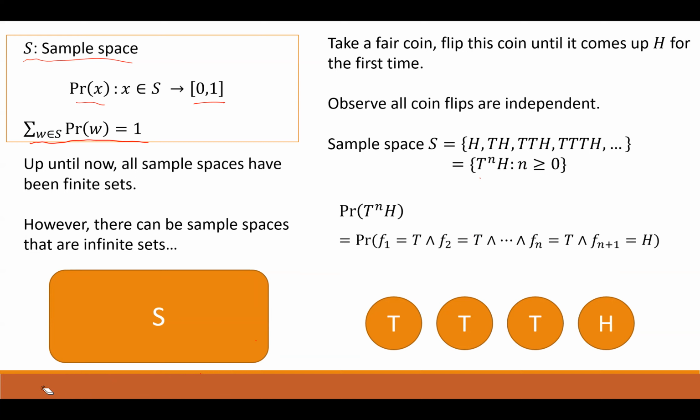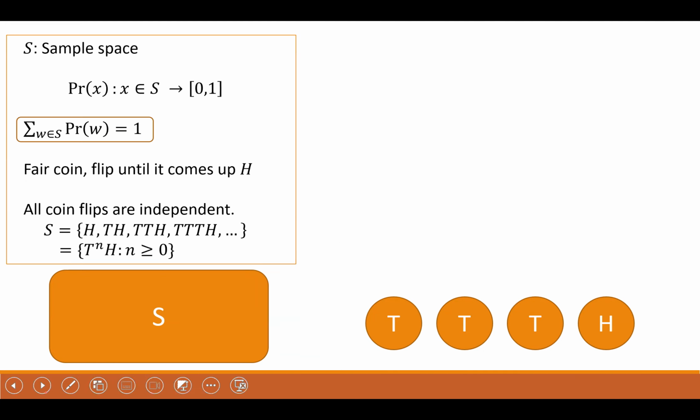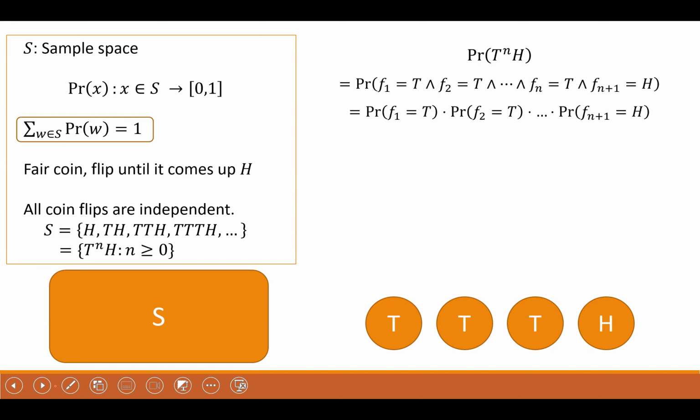So these flips are independent, and as we mentioned, when we have these independent events, we can cheat a little bit determining their probability. In particular, the probability of the intersection of these events is equal to the product of the individual probabilities, right?